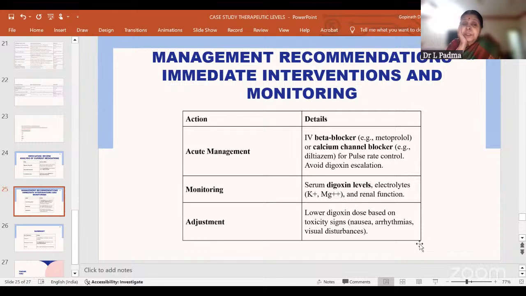so that the patient will not go on to atrial fibrillation. Now, I want to give you one question: digoxin is used in atrial fibrillation and it also causes atrial fibrillation. How can it be? Any idea? Anybody can post it. If not, I'll tell you the answer in the next class. Digoxin causes atrial arrhythmias and it is also used in atrial arrhythmias.